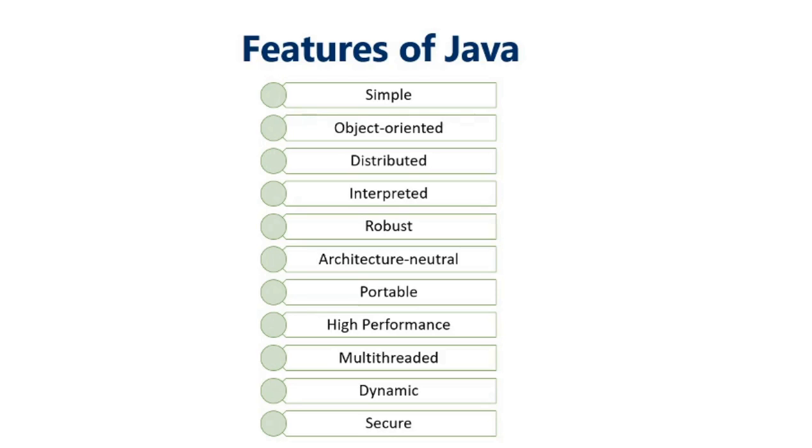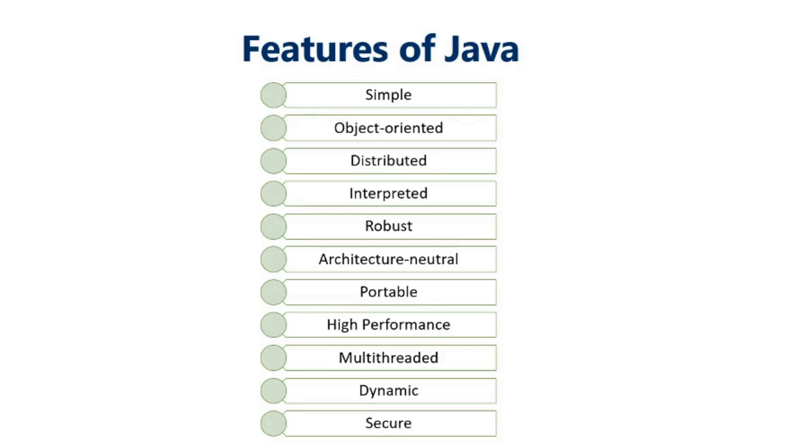Also, the preprocessor concept is not there in Java. Then again there are some complicated terms in C++. Those are removed in Java. Hence, Java is a simple programming language.